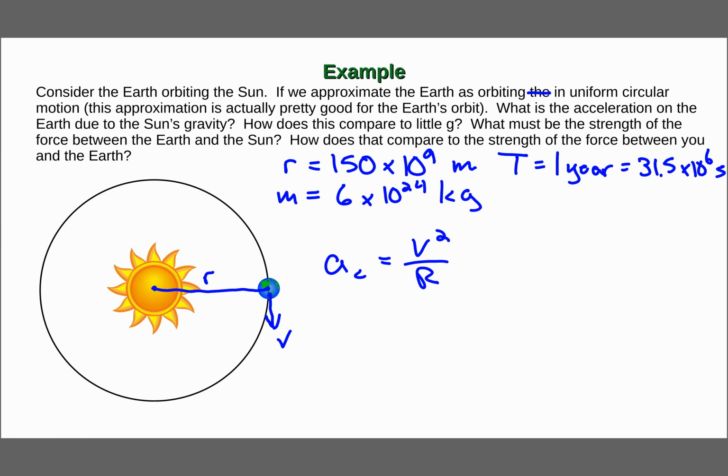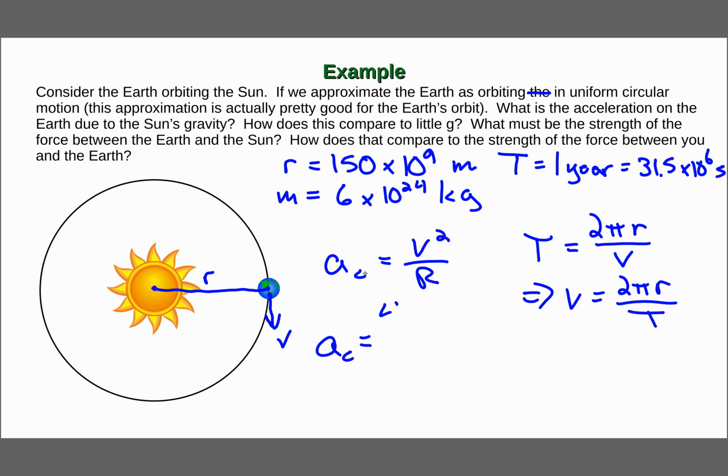So I know that, and then I know that T equals 2 pi r over v. So then v equals 2 pi r over T. And that means that centripetal acceleration equals 4 pi squared r over T squared. Sorry, this r I wrote in general, but for our problem I wrote it little r.